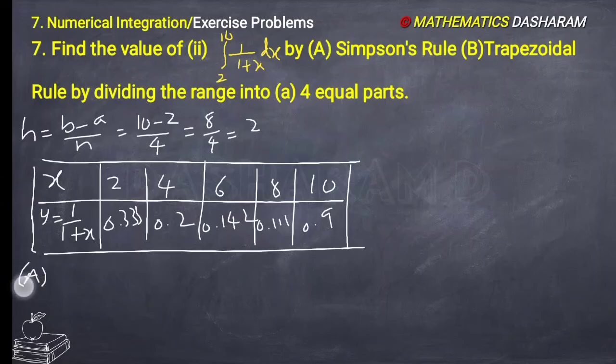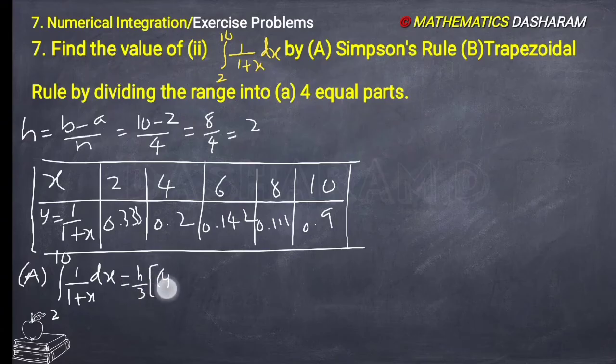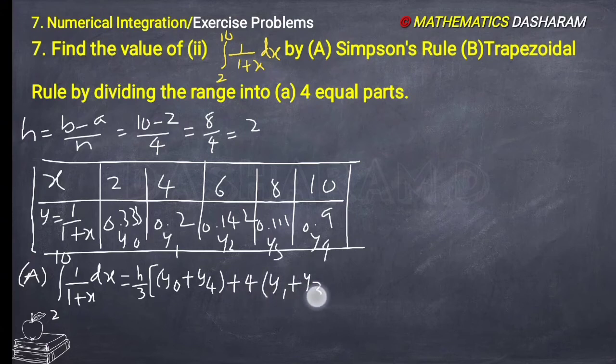So the integration from 2 to 10 of 1 by 1 plus x dx equals h by 3 bracket of y0 plus, this is y0, this is y1, y2, y3, y4. So y0 plus y4 plus 4 bracket of y1 plus y3 plus 2 bracket of y2.